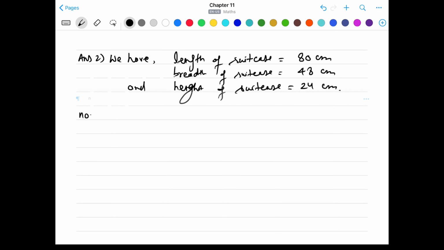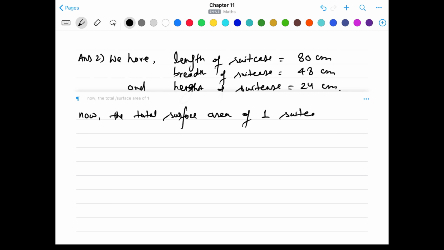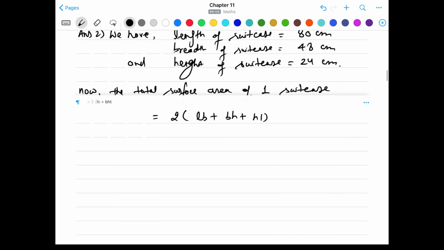Okay, so right now the total surface area of one suitcase will be given by the formula of the cuboidal box. Okay, that is twice of LB plus BH plus HL.